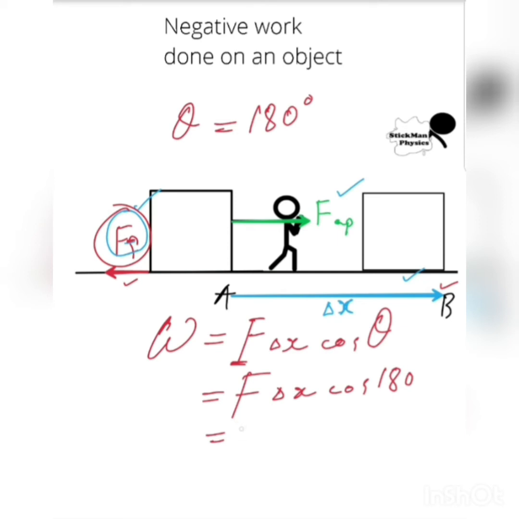Hence our work is going to be negative F delta X, meaning we would have done negative work on that particular system or object.